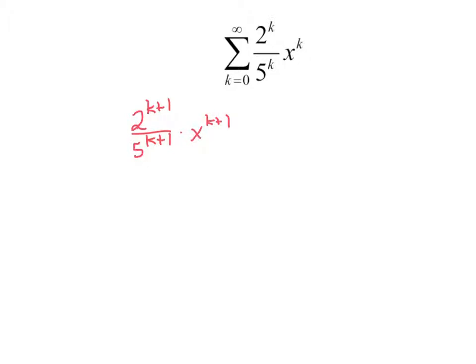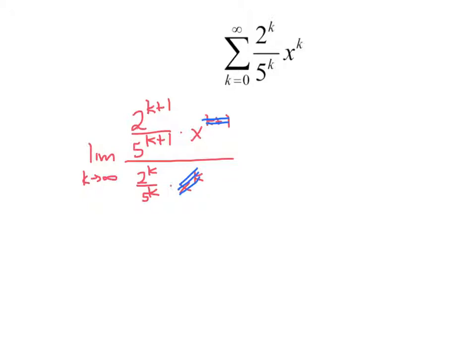Now, normally, of course, I would divide by 2 to the k over 5 to the k times x to the k. And maybe I could do a little simplifying right away. For example, x to the k plus 1 over x to the k just leaves us with an x.